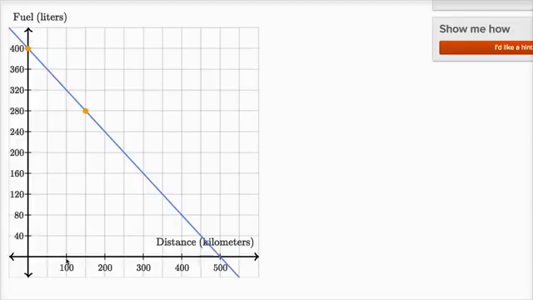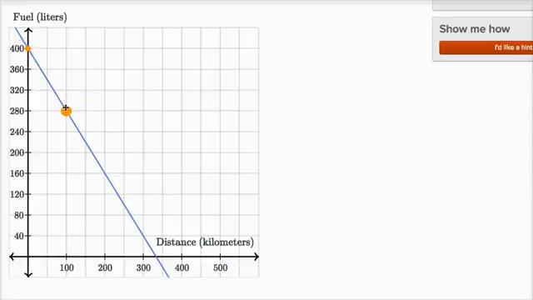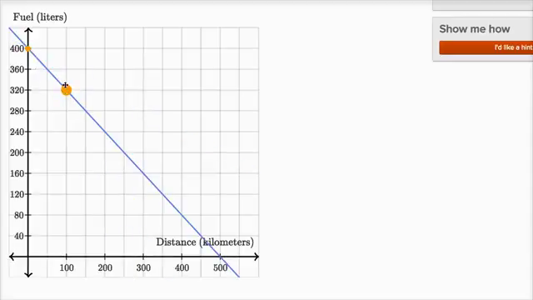So let's think about how much fuel he would have consumed after driving 100 kilometers. If we subtract that from the amount of fuel he started with, that would tell us where this point would be. It's going to be someplace over here, below 400 because we're consuming fuel. Fuel should be going down as distance increases. This should be a downward sloping line.